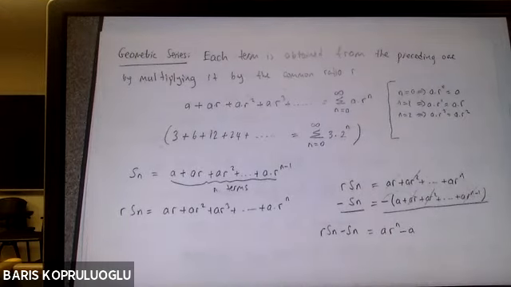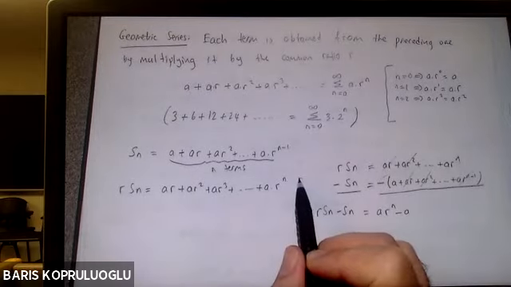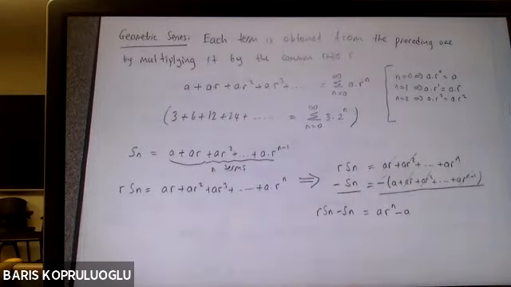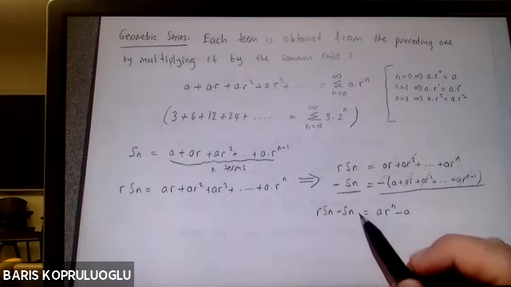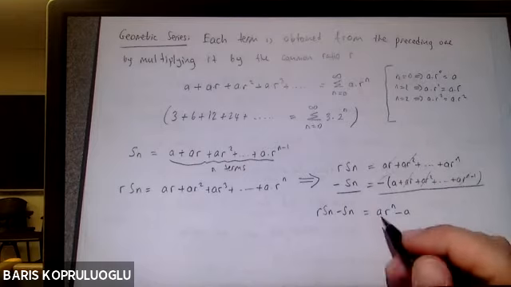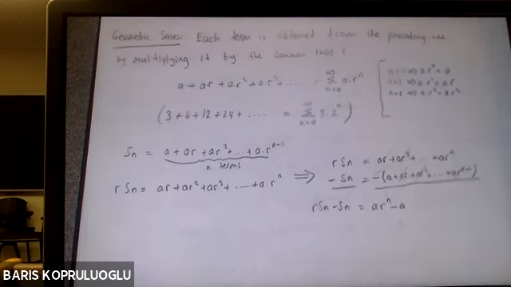Is this subtraction clear? We're going to obtain a general term for the nth partial sum. Any questions so far?